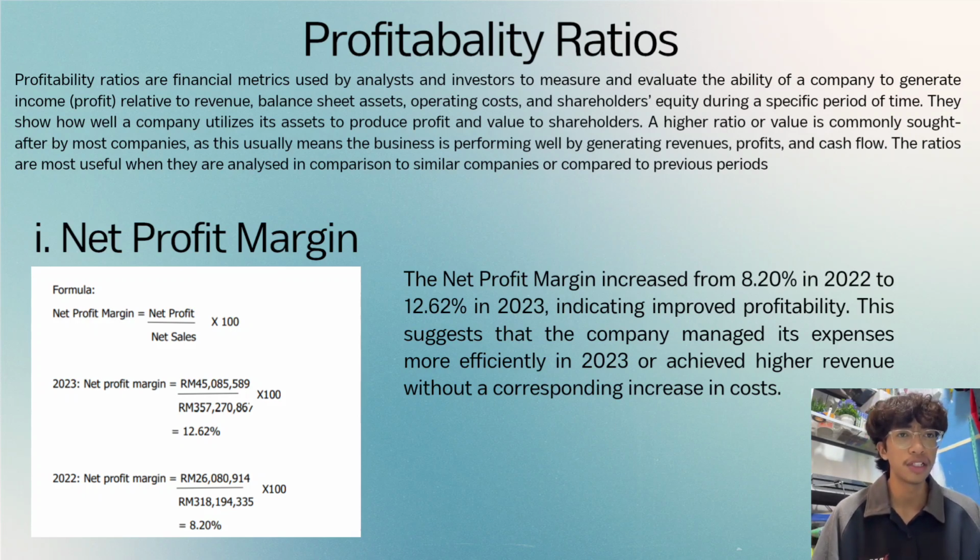So the net profit margin increased from 8.20% in 2022 to 12.62% in 2023. This indicates improved profitability. This suggests that the company managed its expenses more efficiently in 2023 or achieved higher revenue without a corresponding increase in cost.